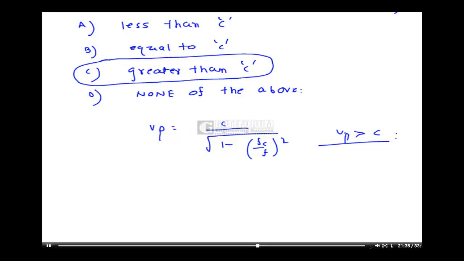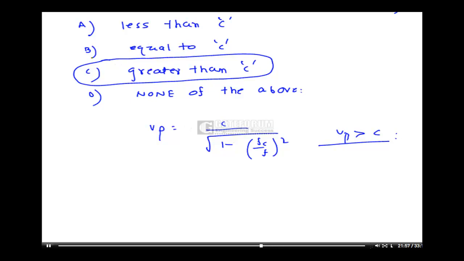So actually, this seems to violate Einstein's relativity theory. What does it say? Messages cannot travel faster than the speed of light. But here we are getting Vp greater than c. The phase velocity in a waveguide is greater than the speed of light, which is practically not possible.